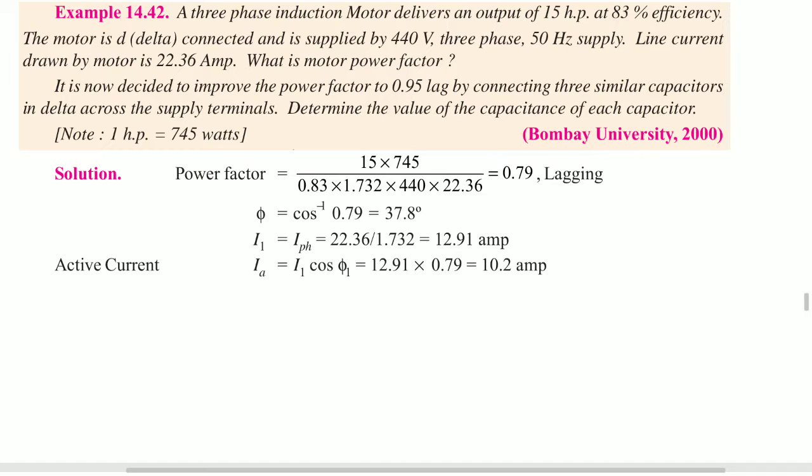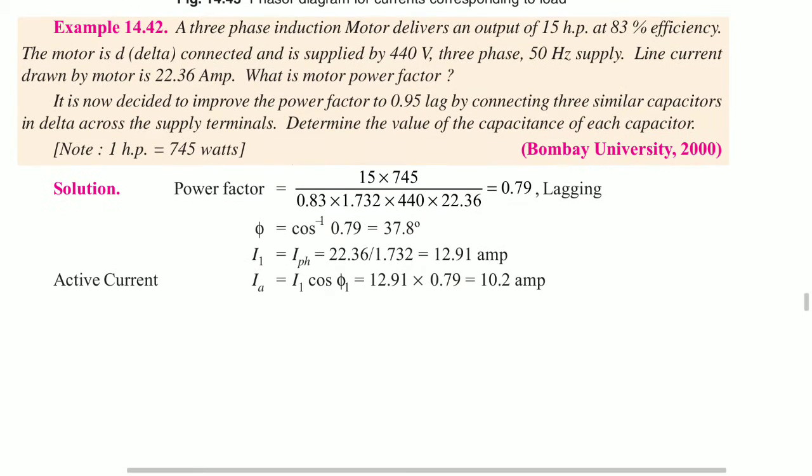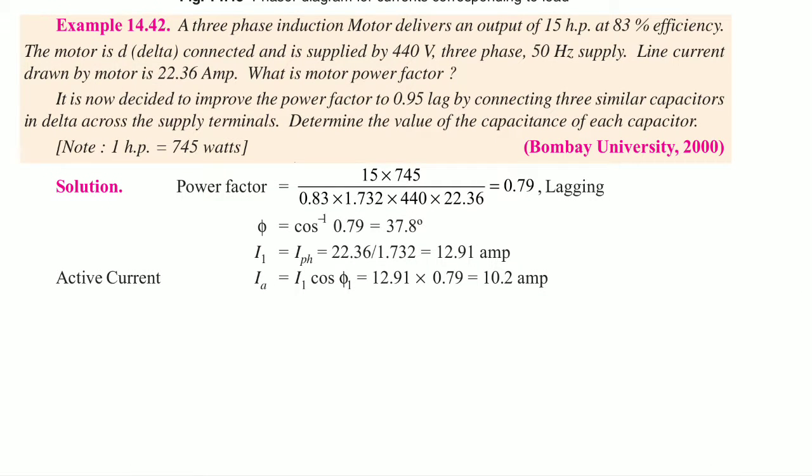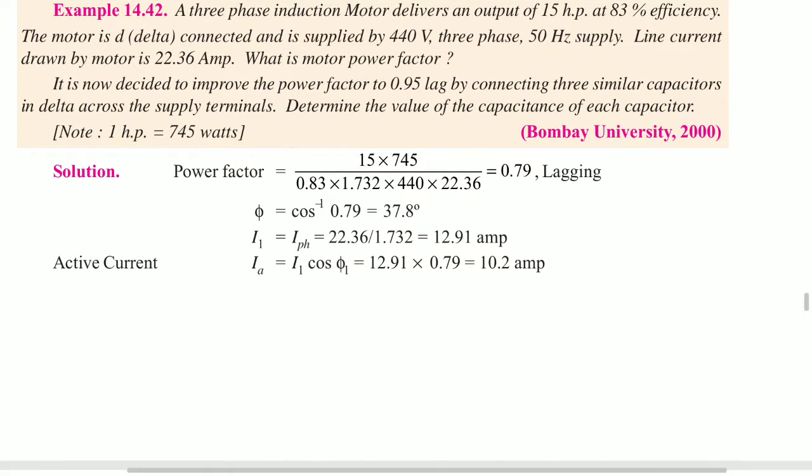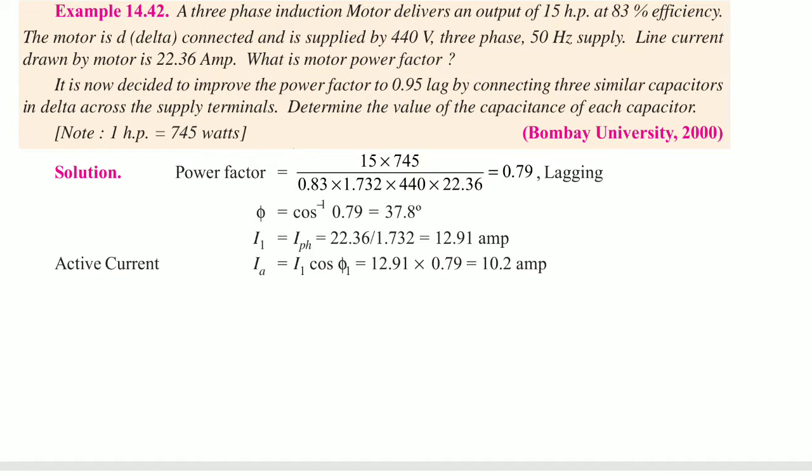Here 0.83 is the efficiency, so you can write it in terms of efficiency. The power factor is the electrical power divided by efficiency into root 3 into VL IL. Actually this is the formula.